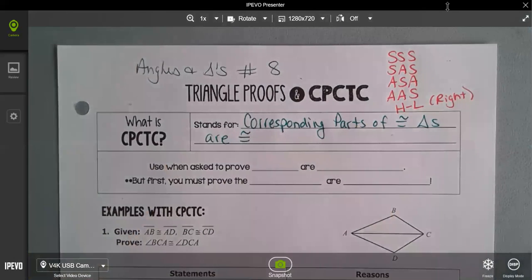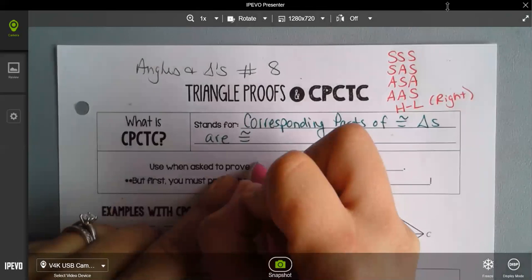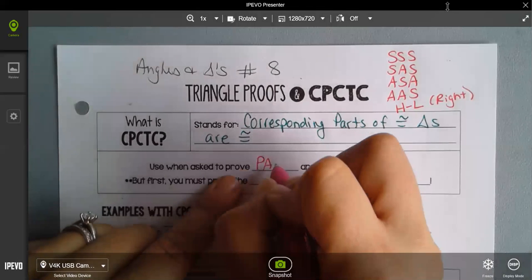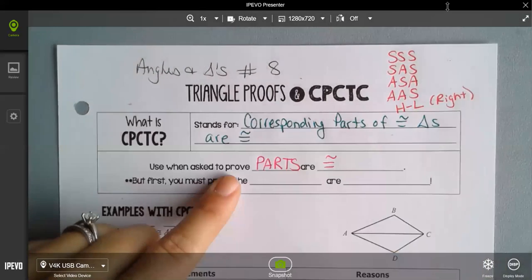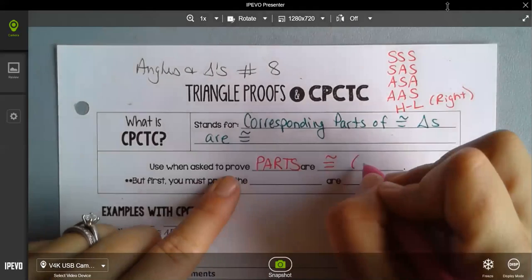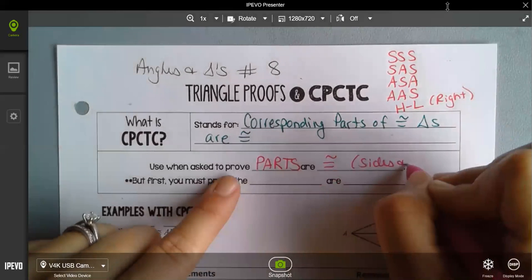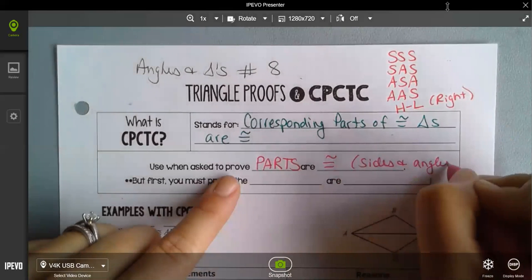When we are asked to prove parts are congruent, and what do I mean by parts? I mean sides and angles.